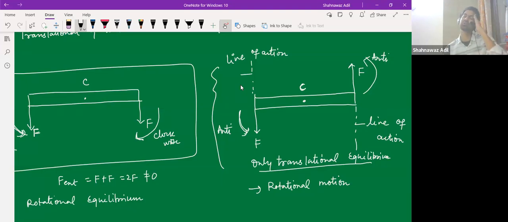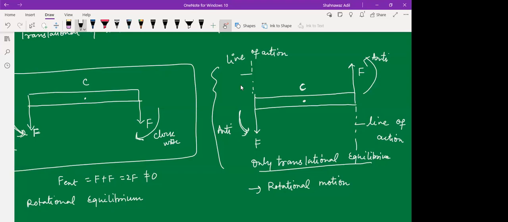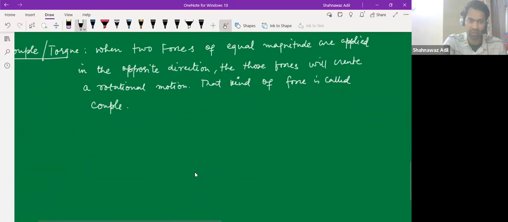So we will do two questions based on this equilibrium part, because those are very important questions that are given in the NCERT. Then please note down this part.